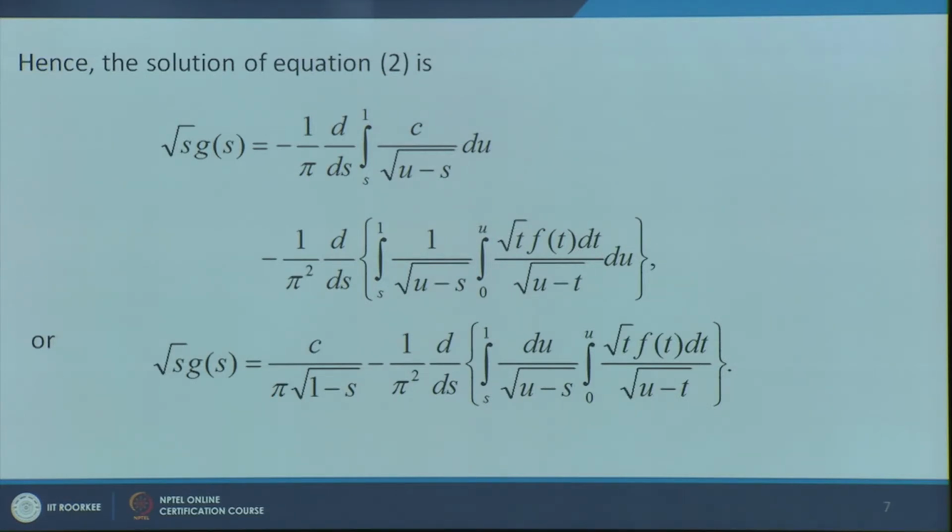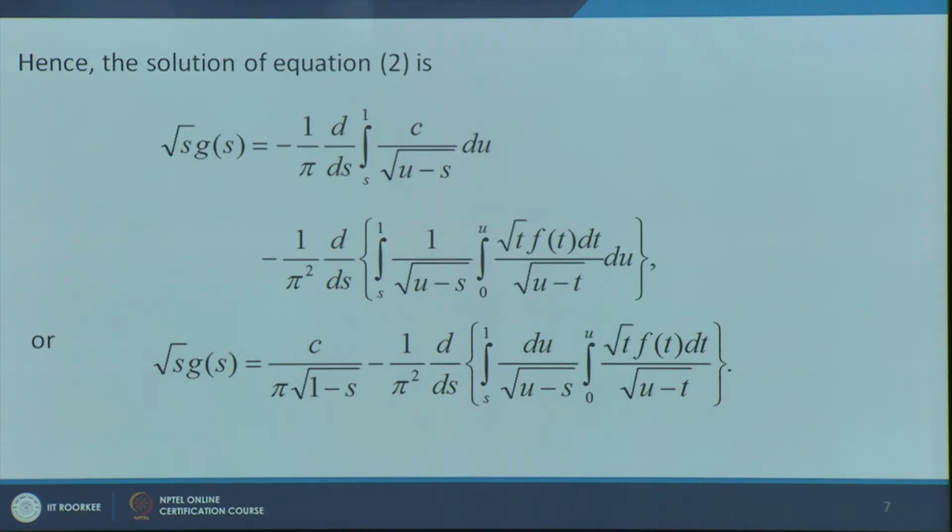Or we can say that this is integral root s gs, c upon under root 1 minus s, minus 1 by pi square d over ds integral s to 1 du upon square root u minus s, 0 to u root t ft dt over root u minus s.